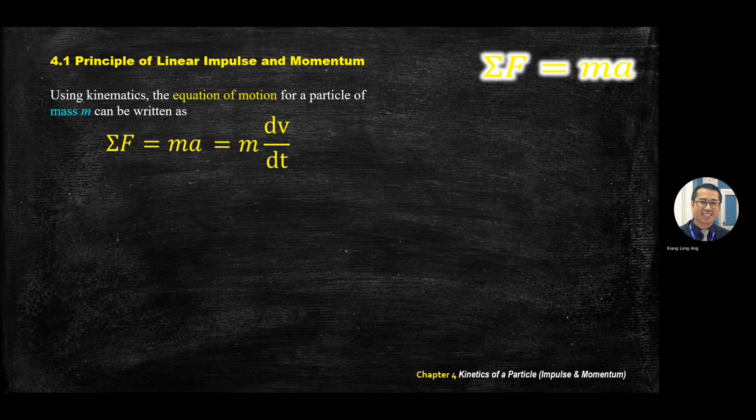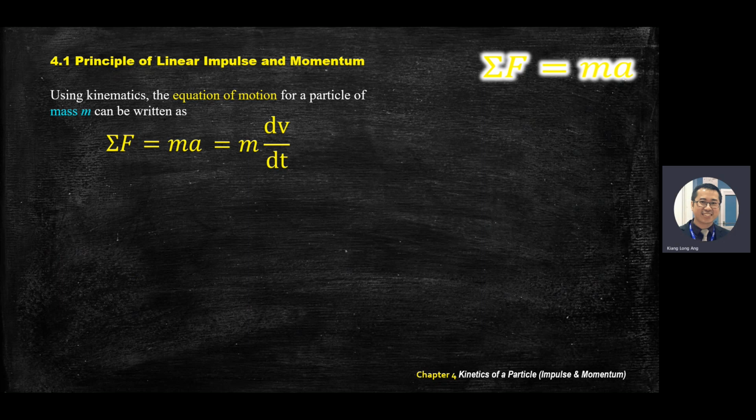Right. What do you get on this side? F is constant, or can be a constant. So you move F out, integrate dt, what do you get? m is constant, move m out, integrate dv.